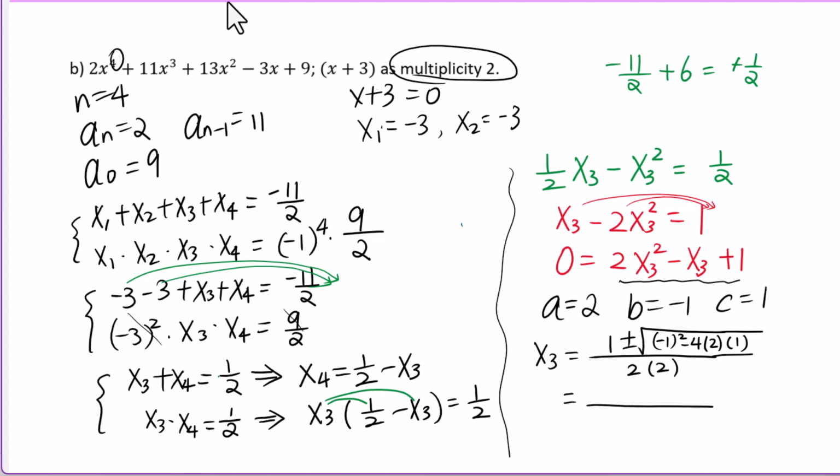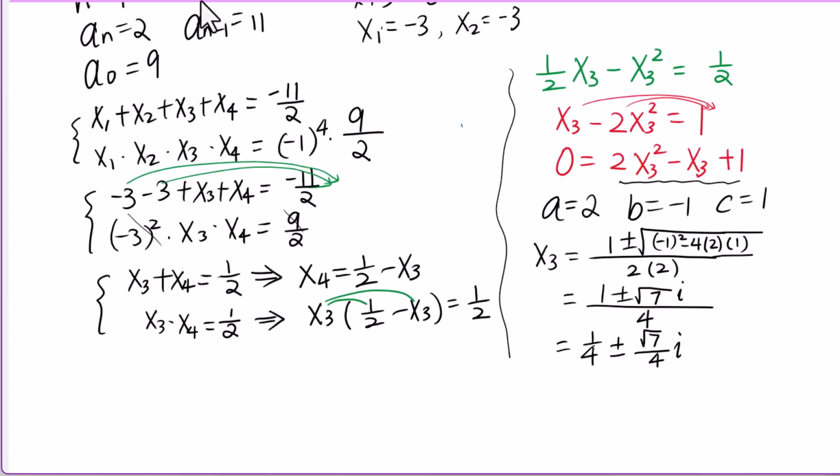So we get 1 plus or minus the square root of 1 - 8, which is -7. So 7i over 4. Let's separate: 1/4 plus or minus square root of 7 over 4 i.